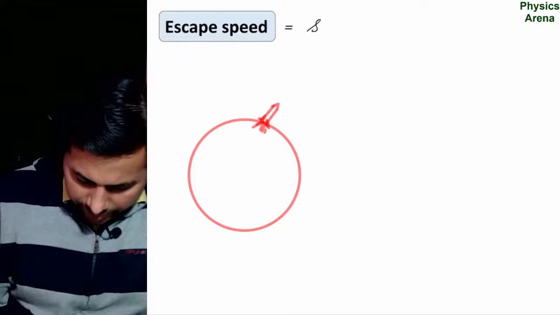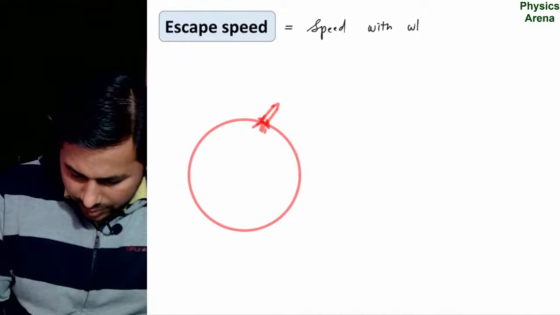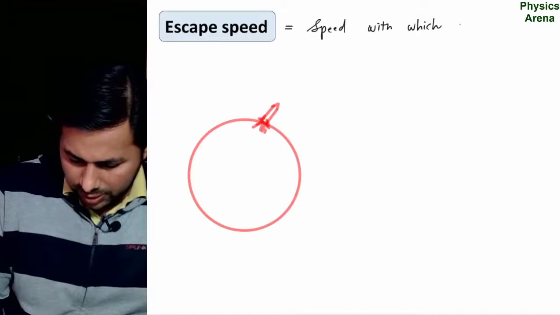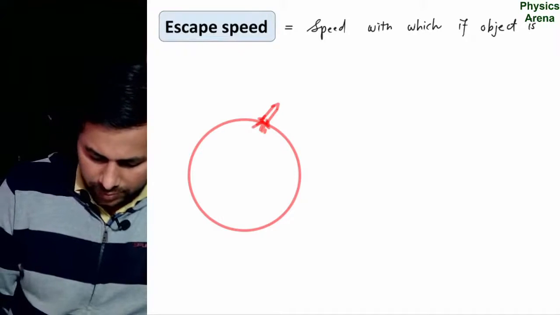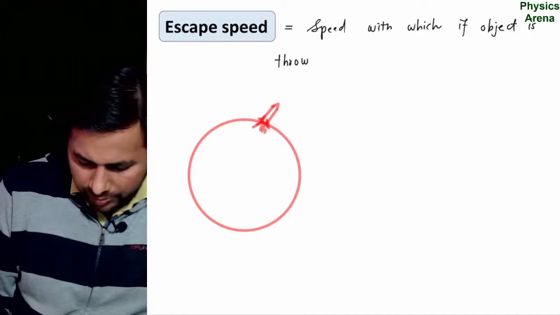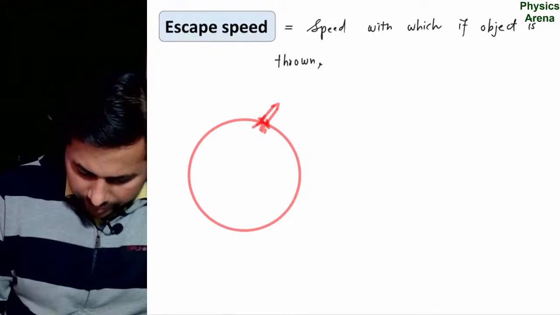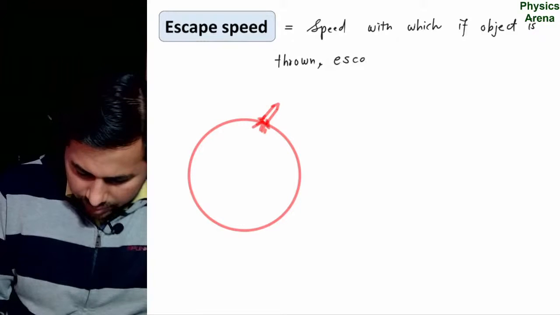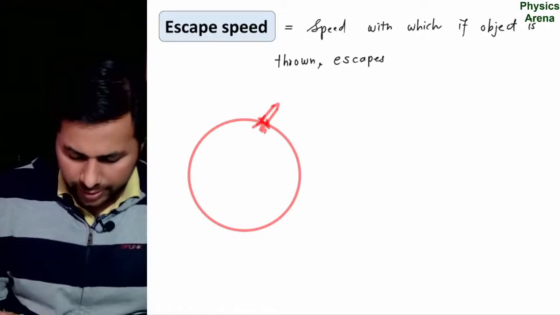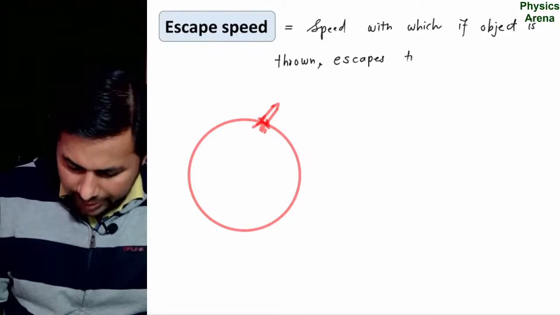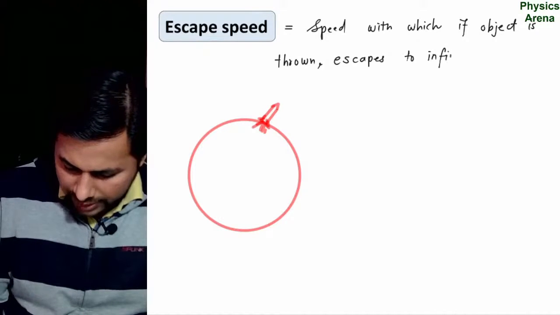It's the speed with which, if an object is thrown from Earth's surface, it escapes out of Earth's gravitational bounds to infinity and never comes back.